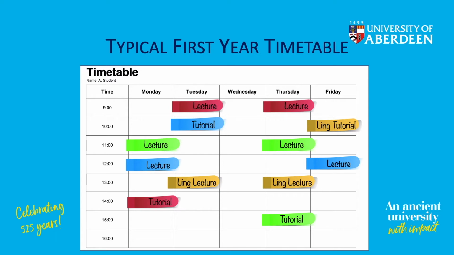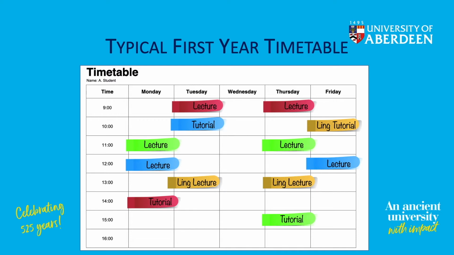You might well be taking a course in English, or perhaps courses from further afield in the university, maybe philosophy or psychology. There's a really, really wide range of options that are available to you. So that's what your typical first year, first semester timetable might look like.